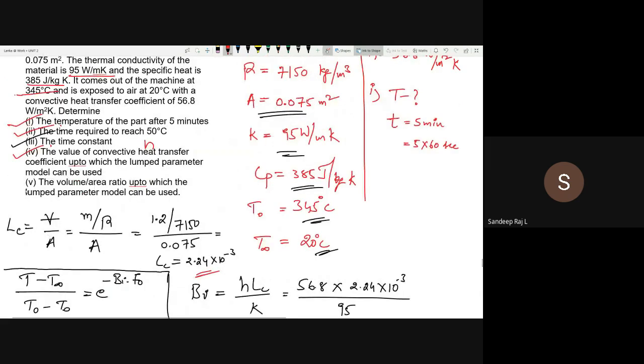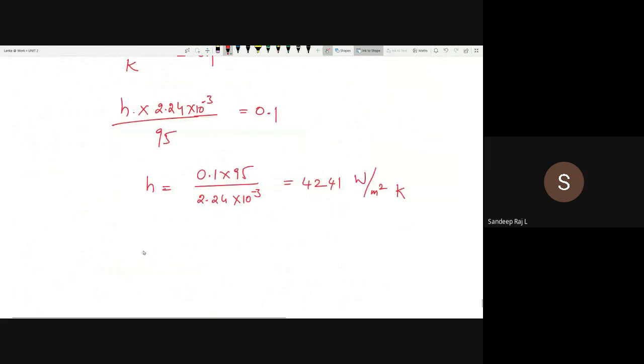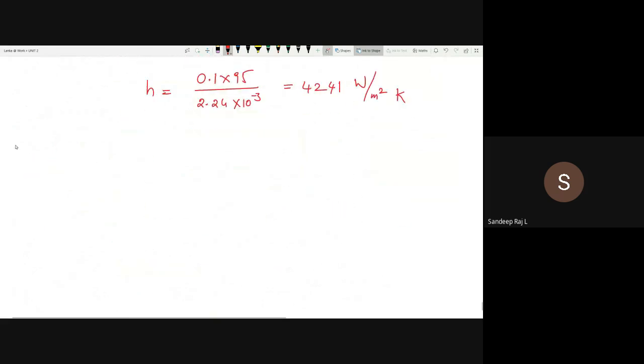Then we'll move on to the fifth question: the volume by area ratio after which the lumped parameter model can be used. Now let us say that LC is unknown. Previously we said H was unknown. In this question, LC, which is the volume by area ratio, is unknown.